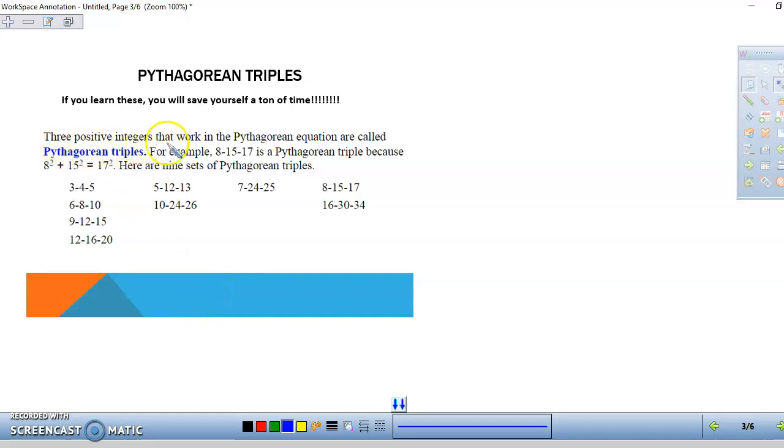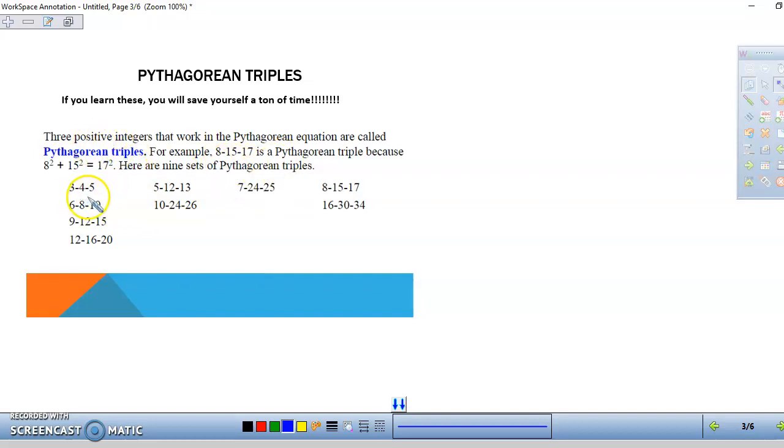Three positive integers that work in a Pythagorean equation are called Pythagorean triples.